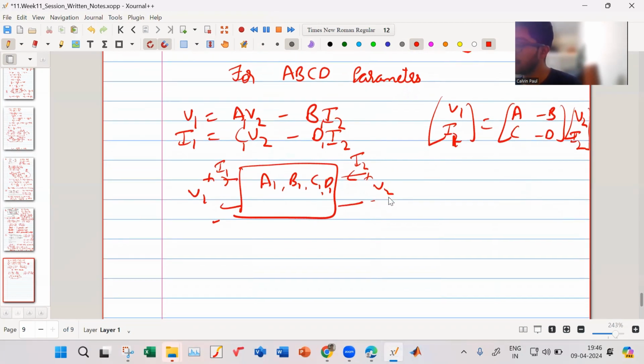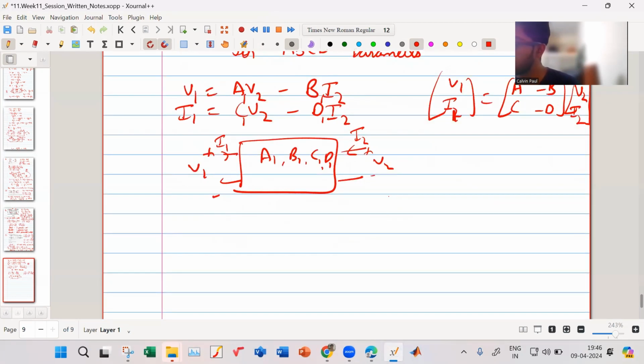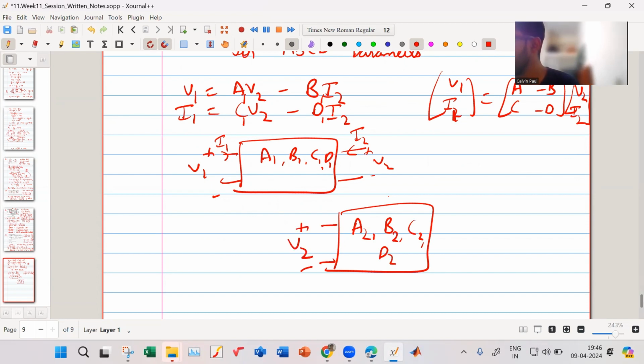Now assume I have another network. This is given by A2, B2, C2 and D2, where you have V2 and this is your I2. Let me draw a better way.